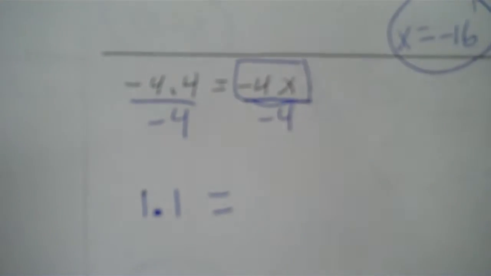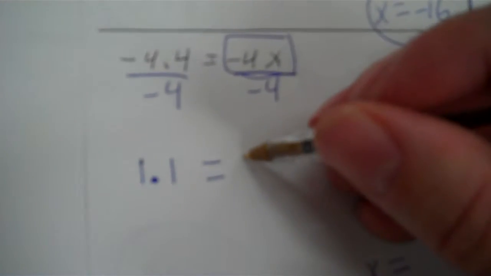We underline both sides and we'll divide by the -4. So over here, -4.4 divided by -4 is 1.1. And over here, -4 divided by -4 is 1, but since I have the x, I'm just going to put x. So x is 1.1.